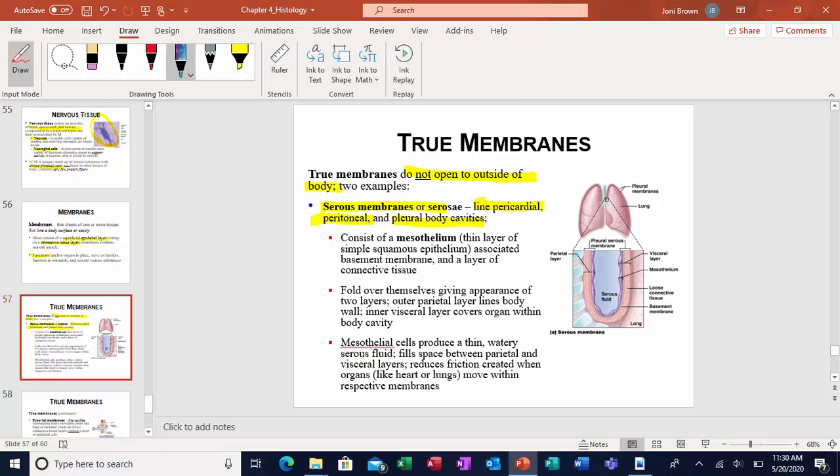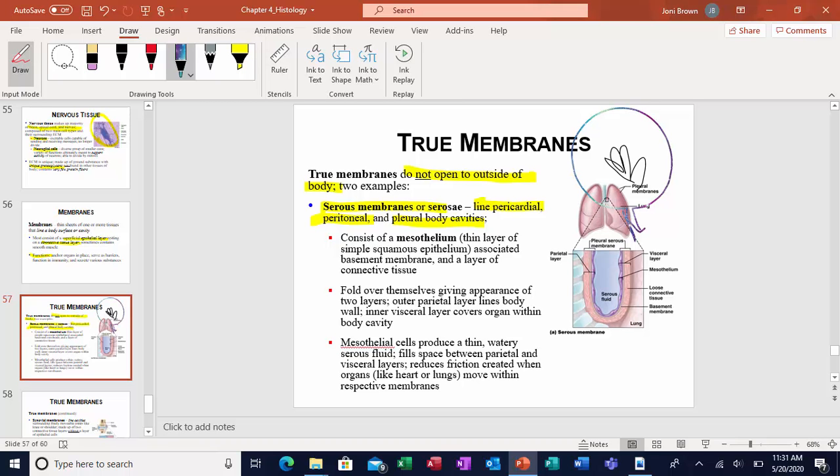Think about putting your fist in a balloon, and Lord knows I'm not an artist, but there's your fist, okay? And here's the balloon around your fist, and you blow it up. There's your balloon.